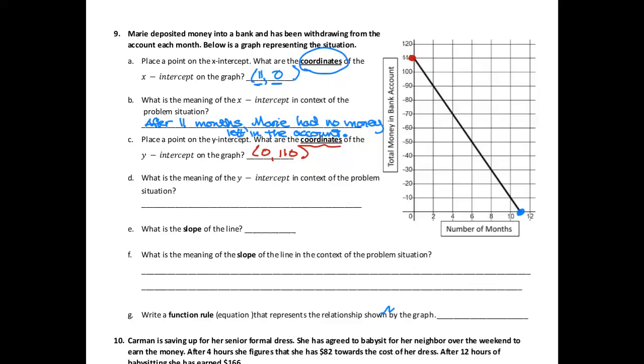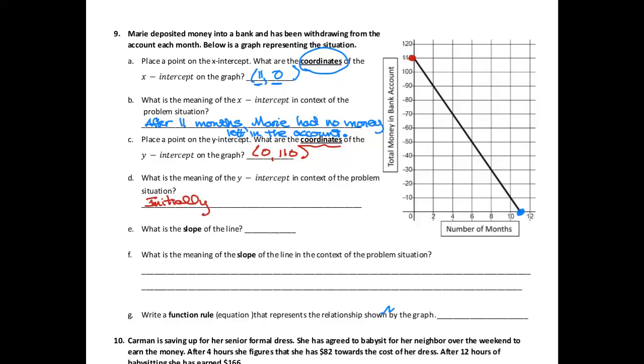You could say, again, you need an x and a y amount, but a discussion about what is happening at that particular point. So you could say at 0 months, or you could say initially, at the beginning, all right?